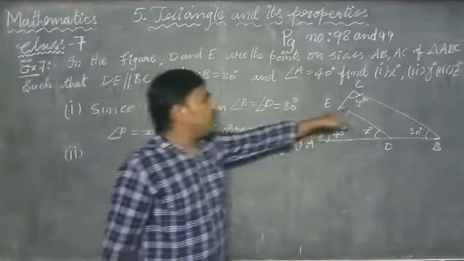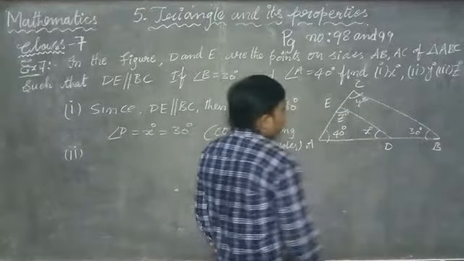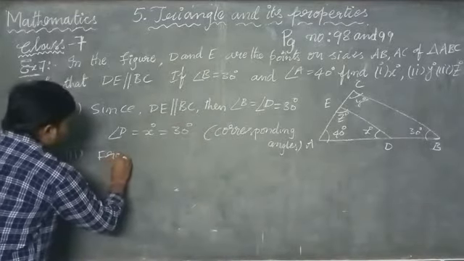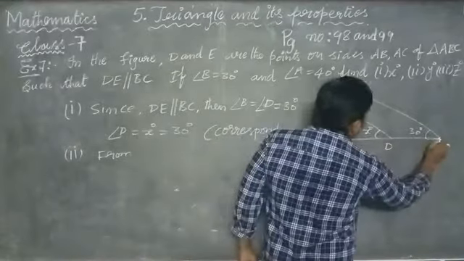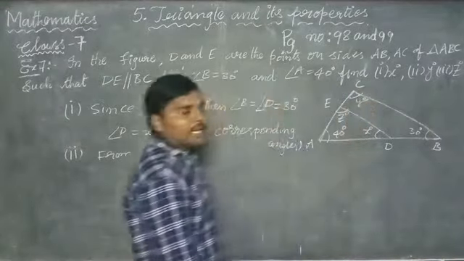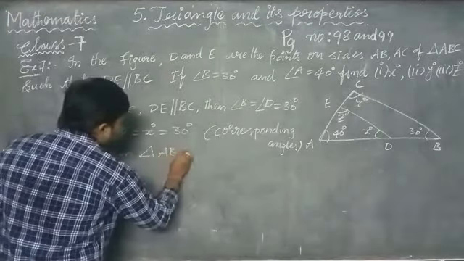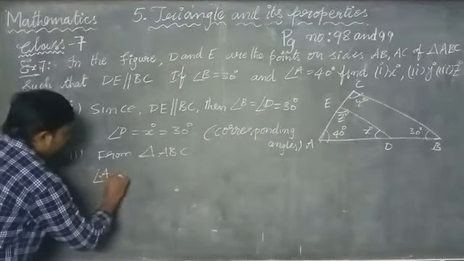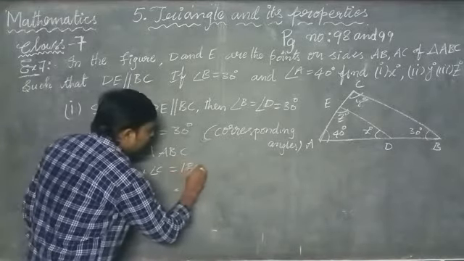How to find the y degrees? Here we find it from triangle ABC. This is the triangle ABC, and only one angle is unknown. From the angle sum property of a triangle, angle A plus angle B plus angle C equals 180 degrees.